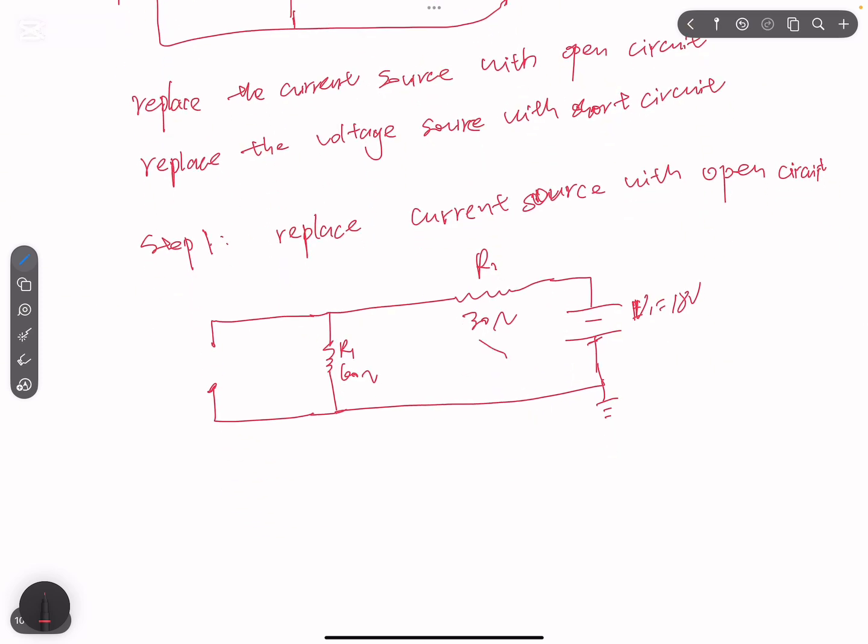Basically we only have one series circuit. So the current will be I equals I1, which equals 18 volts divided by R1 plus R2. That will be 18 volts divided by 30 ohms plus 60 ohms. That will be 0.2 amps.